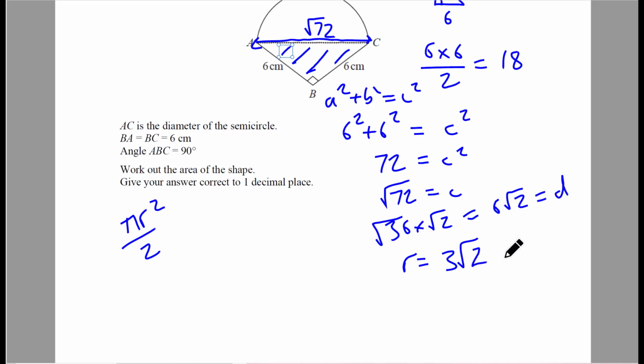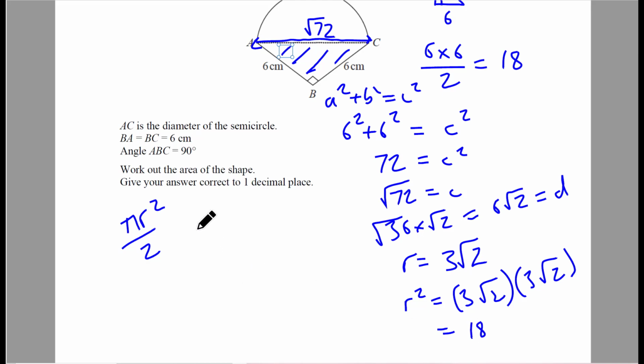If we square this, r squared is going to equal 3 root 2 squared. So that's going to equal 9 times 2, which is 18. So we're going to get 18 pi divided by 2, so that's going to give us 9 pi.